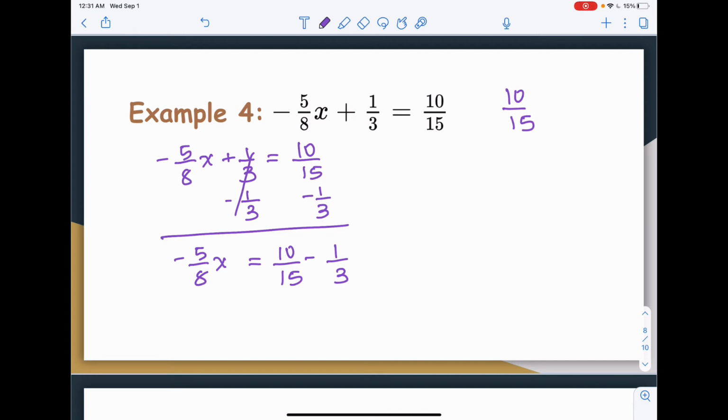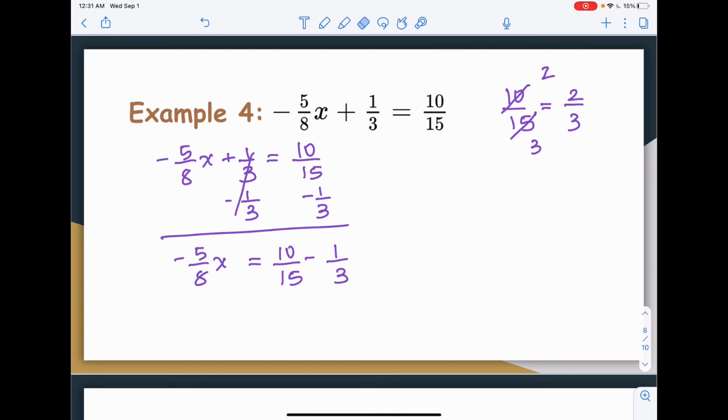So I'm just going to simplify this. It's much easier and faster. 10 divided by 5 is 2, and 15 divided by 5 is 3. So the equivalent fraction of 10 over 15 would be 2 over 3 by simplifying.